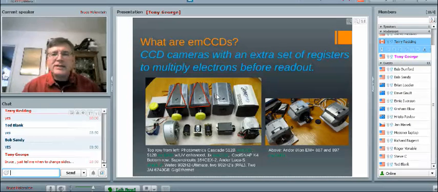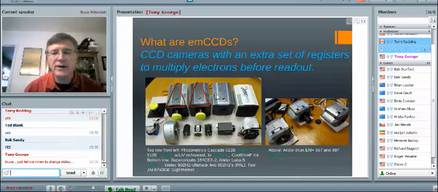So EMCCDs, as I previously said, employ electron multiplying through an extra set of registers. In a minute, we'll look at how that works. But just to get an idea of some of the types of cameras that are available on the market, the picture on the lower left has 4 EMCCD cameras. The 3 large silver cameras are Photometrics Cascade type EMCCD cameras.